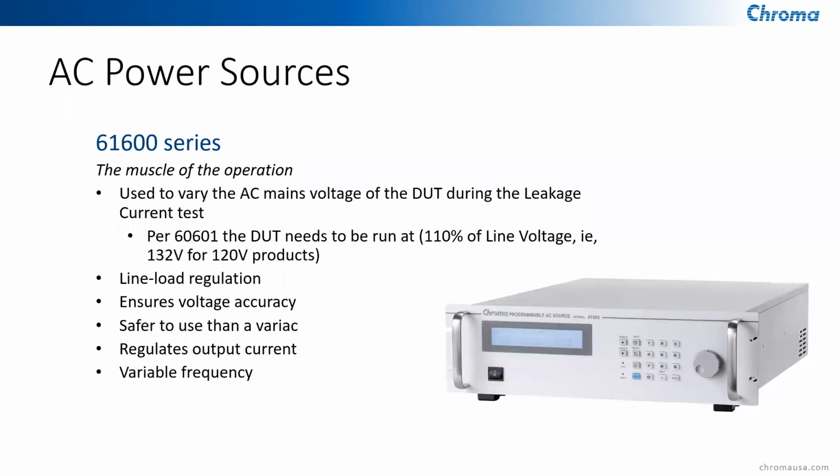Some benefits of using an AC power source are line and load regulation. It ensures voltage accuracy. It's safer for your test operators to use than a variac would be. It regulates the output current, and you can also adjust the frequency if you're testing products that will be used in international markets.